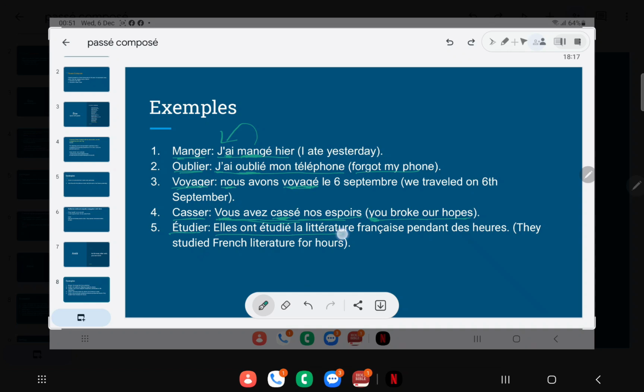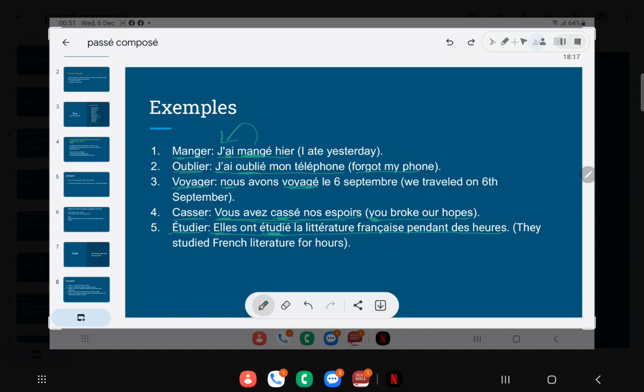Elles ont étudié la littérature française pendant des heures. They studied French literature for hours. Well, French literature is interesting. Il est très intéressant. Elles, more than one girl. But the participe passé form doesn't care. It remains unchanged. So you get the point.